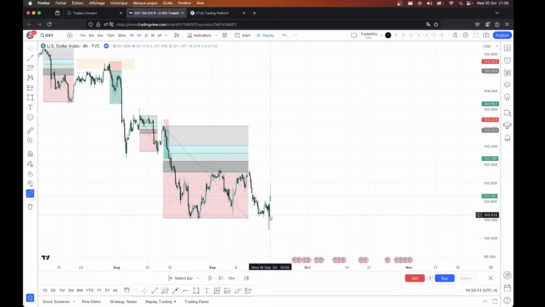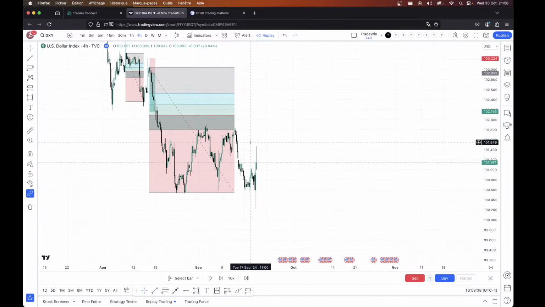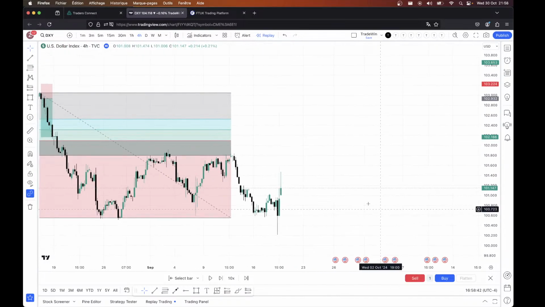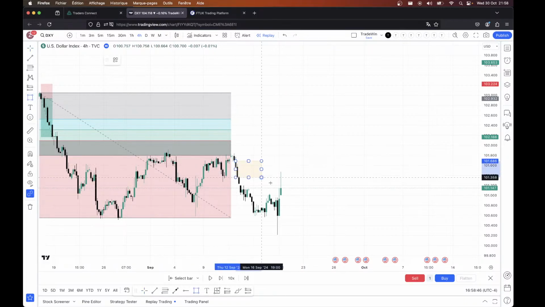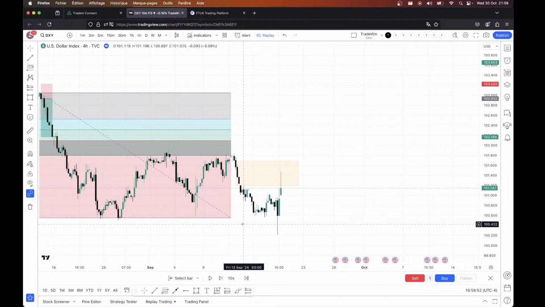Okay, I don't take the wicks. I don't care about the wicks. Price seems to go up. Okay, people will see this and tell you, wow, do you see this leg down? We have some massive fair value gaps here. We got rejected. Okay, I want to short the hell out of this. I mean, I don't.